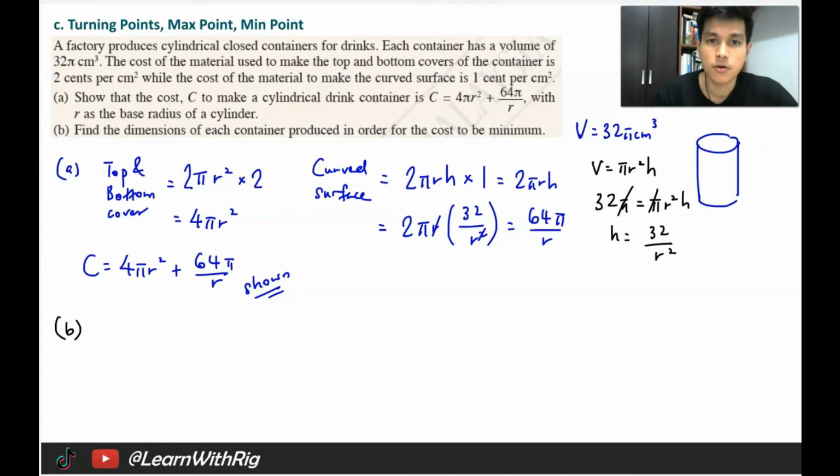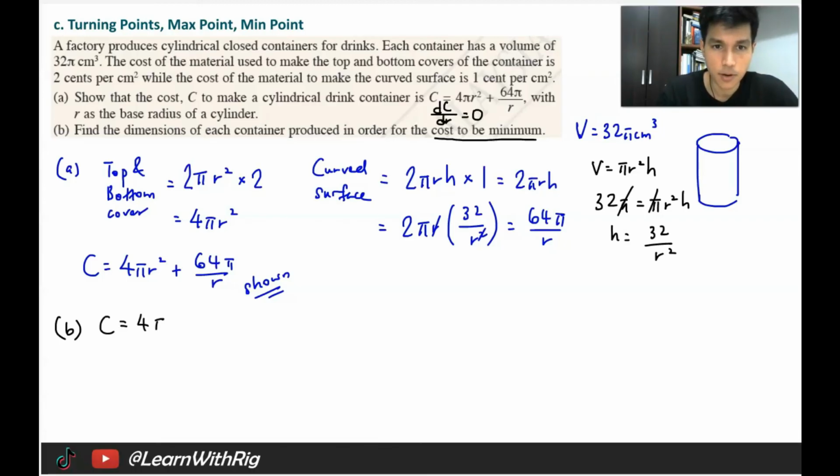Find the dimension of each container in order for the cost to be minimum. Cost to be minimum. So what does that mean? It means the cost is C, right? So dC over dr, because in terms of r, dC/dr is going to be 0. You have already found the cost, right?